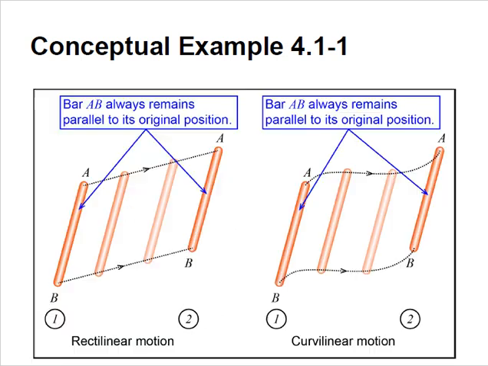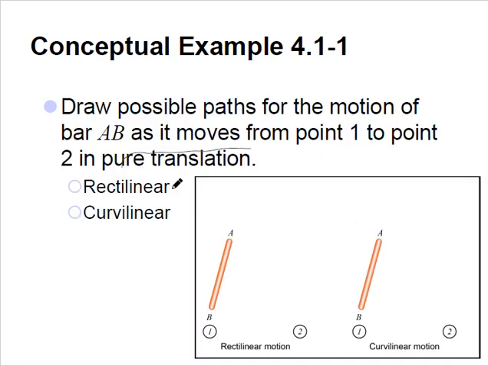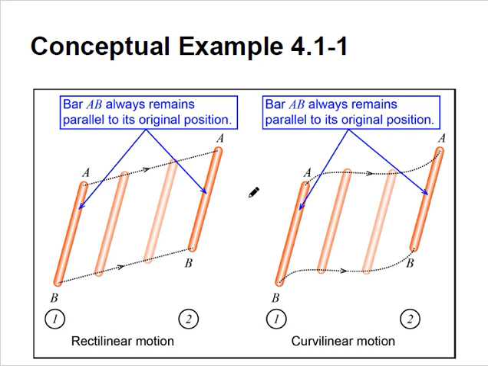The very first one is for rectilinear, and the other one is curvilinear. It's in your chapter 2 and chapter 1. Okay, so your drawing should be like this. Translation, go in a straight line. So you have your AB bar translating from here to this position, point 1, and going to point 2.